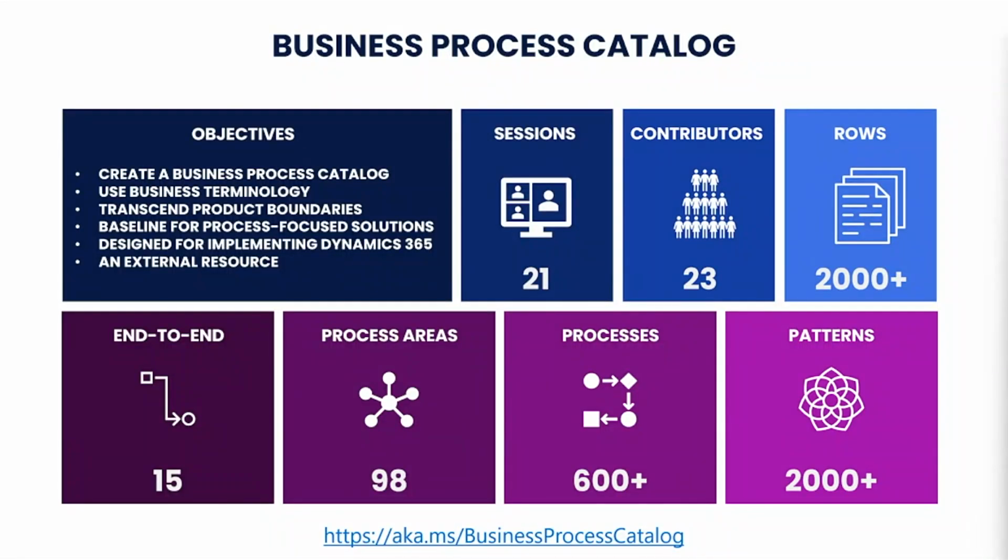And of course, we needed to make sure that this catalog was available publicly so that everyone can use it. We are taking a crawl, walk, run approach with the catalog and the guidance that we're building around it. The way that we built it was we brought together a lot of different people in our Fast Track and ACE teams to help build the actual catalog.